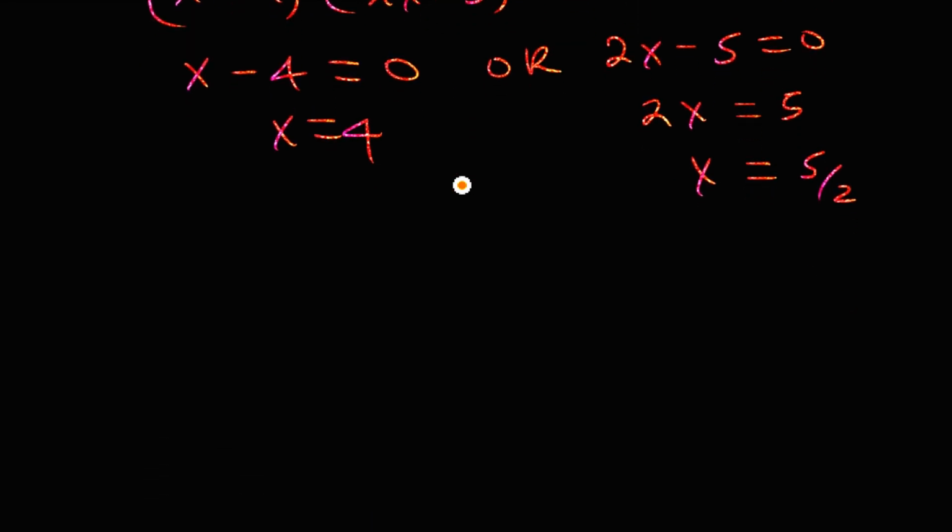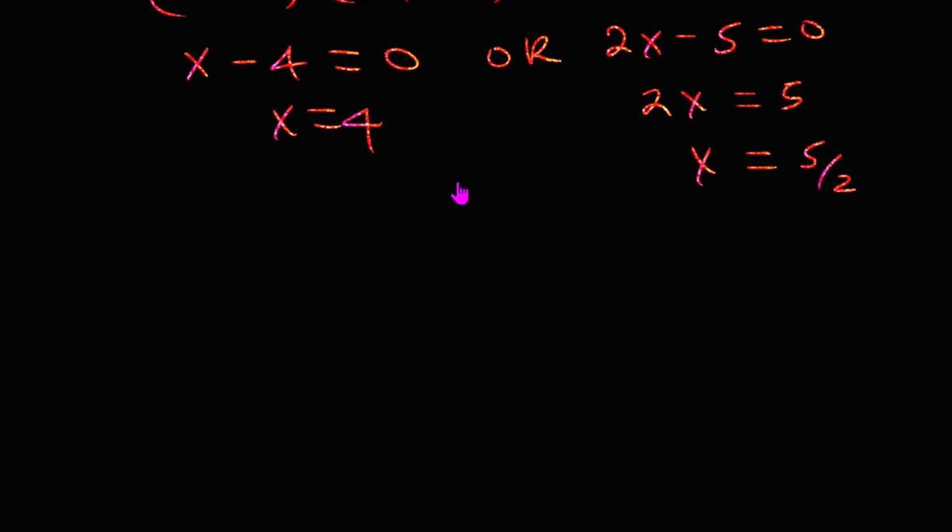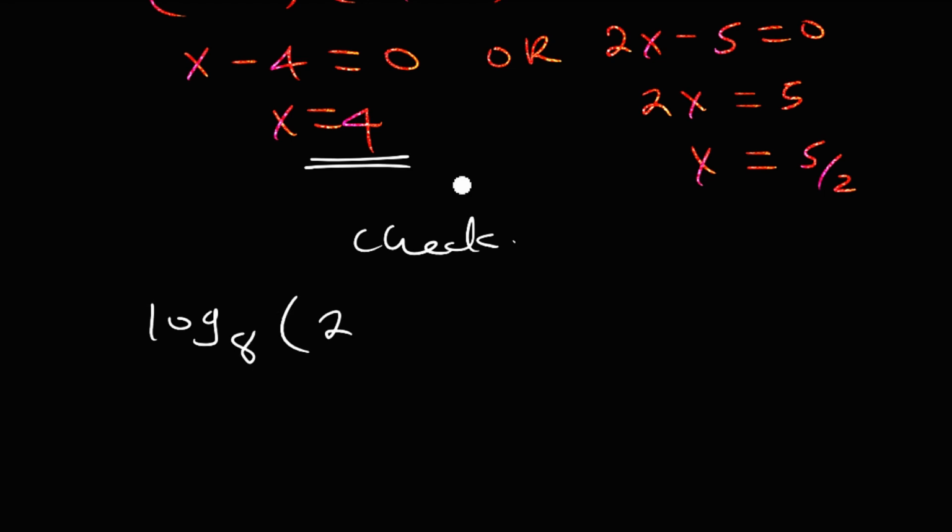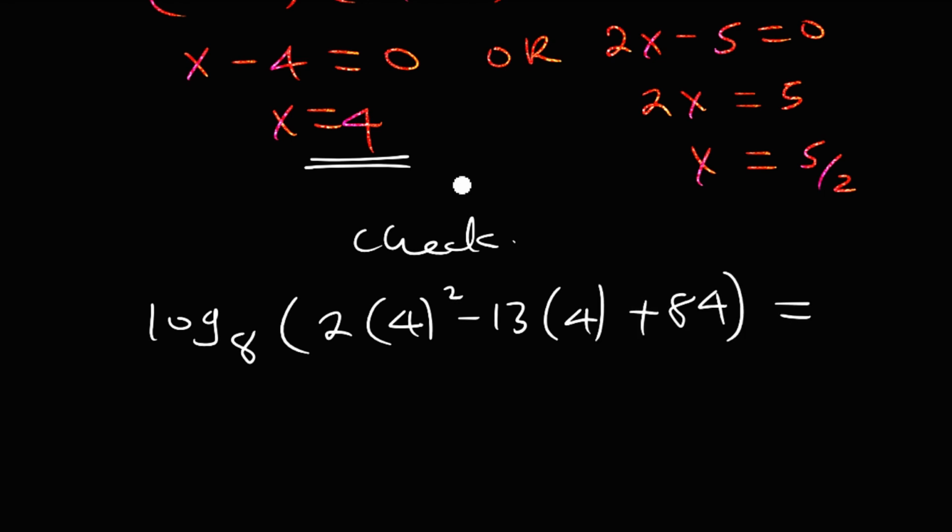So those are the solutions of x, but we have to check if we have the right answers. So let us check the first one, that is x is equal to 4. So remember we had log to base 8 of 2x squared, x is 4, we square it, minus 13 times 4, plus 84. And if our solution is correct, then this should be giving us 2.